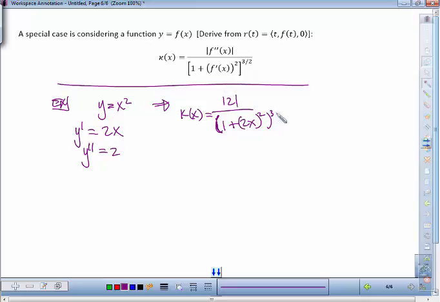And then this is raised to the 3/2 power. 1 plus 4x squared to the 3/2 power. So if we maximize this, we'll see that the maximum value will happen at x is equal to 0.